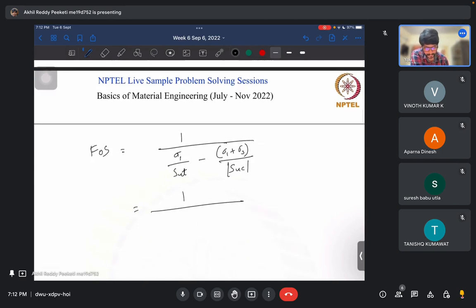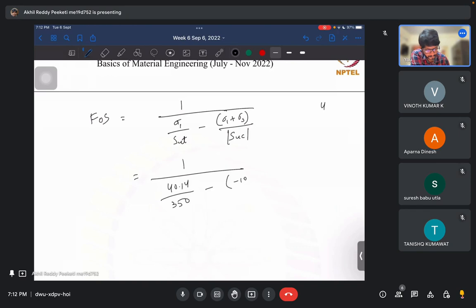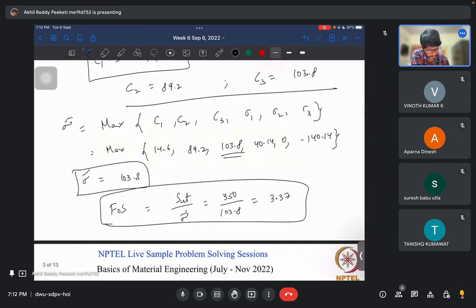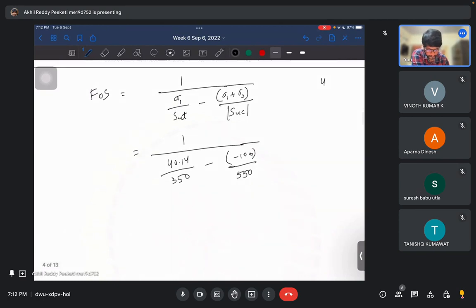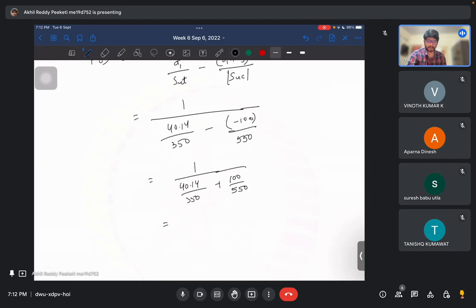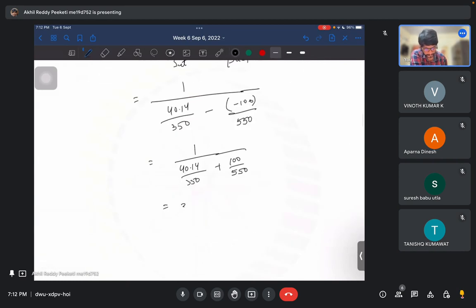Sigma 1 we got as 40.14, SUT is 350, minus sigma 1 plus sigma 3, so we have 40.14 and minus 140.14, so this would be minus 100 by SUC, which is 550. So 40.14 by 350 plus 100 by 550. This would also give us the same as the earlier, 3.37.